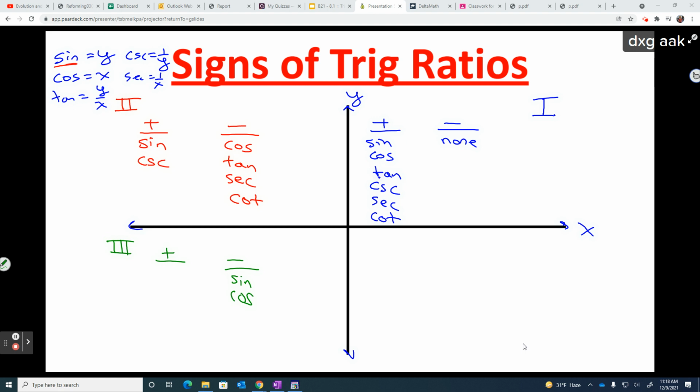How about tangent? Yeah, tan's going to be positive because it'd be a negative divided by a negative. All right, and then we've got cosecant. Well, that matches with sine, so it's going to be negative. And secant also, because it matches with cosine. Cotan goes with tan, so it's going to be positive.